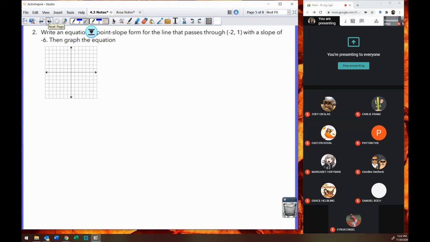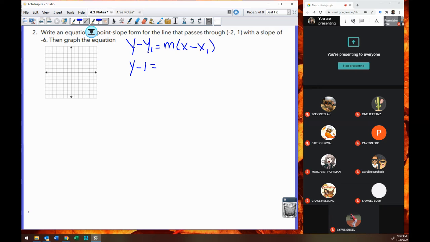So again, point slope form, I need a coordinate point and I need a slope. So your point slope form, your general form, y minus your y coordinate equals your slope times x minus your x coordinate. And then you plug everything in. So what is a y coordinate that I know? Easy. 1. y minus 1.